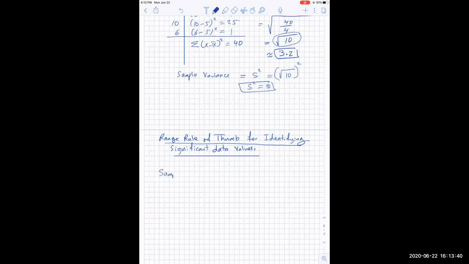Suppose we have a sample. And here on the number line, I'm going to put in the middle, the center, X bar, the sample mean. And then I'm going to add 2 standard deviations to the mean. So that will give me this mark here.